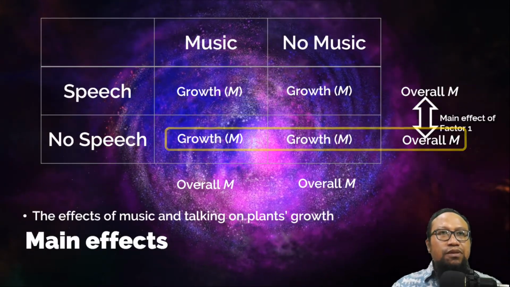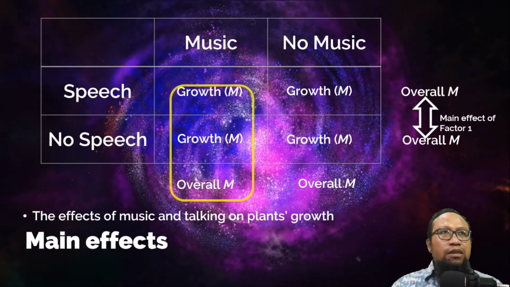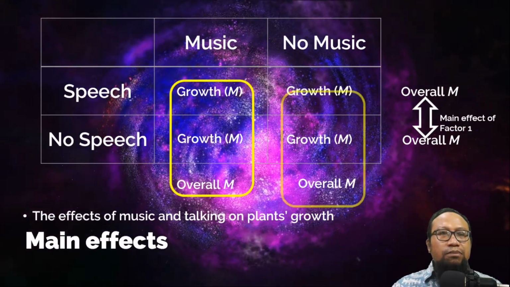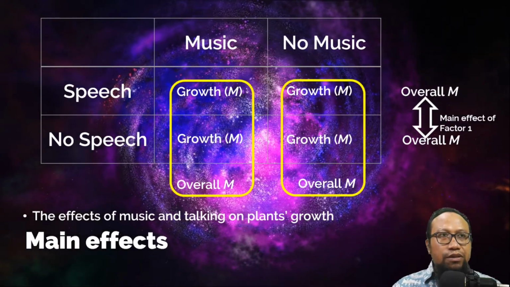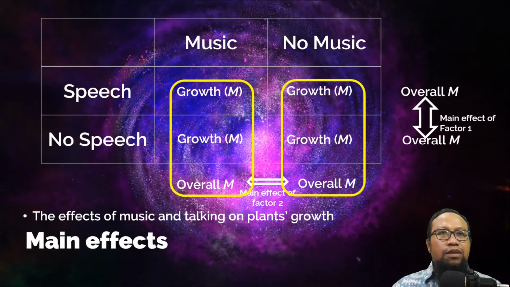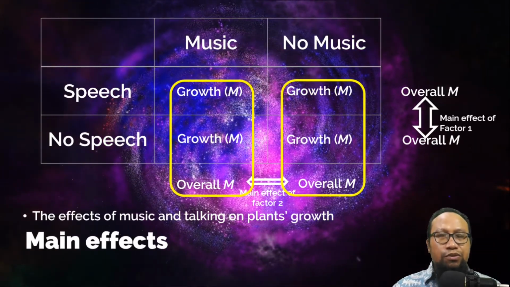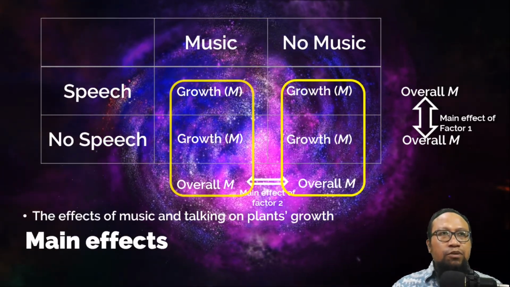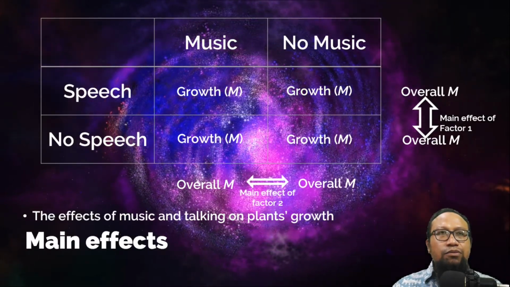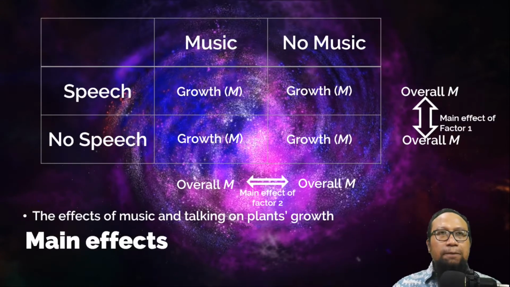And also the difference between the column averages defines the main effects for the second factor, music, with the levels of music and no music. So in a 2x2 factorial design we have two main effects.